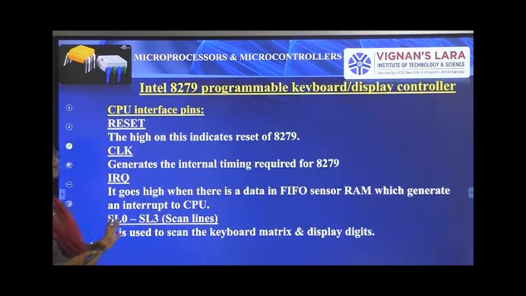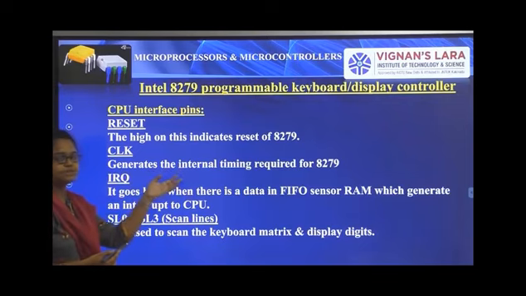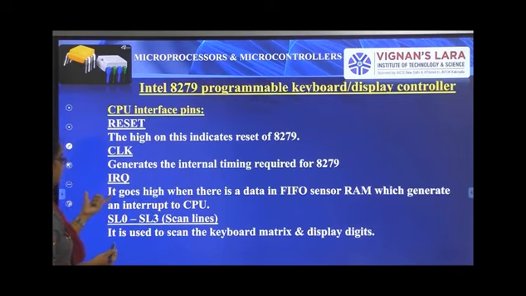Next, reset. A high on this pin indicates a reset of the 8279. Whenever reset is 1, the registers present in the 8279 will be erased. The clock generates the internal timing required for the 8279. IRQ goes high when there is data in the FIFO sensor RAM, which generates an interrupt to the CPU.